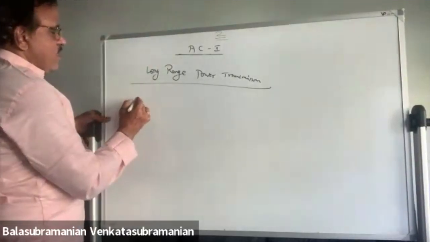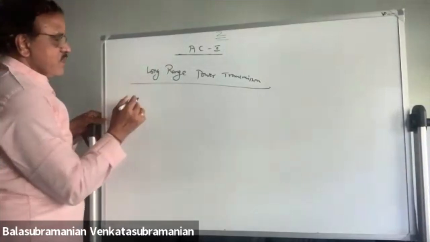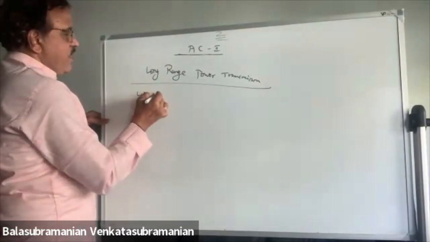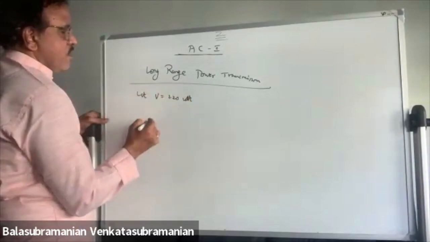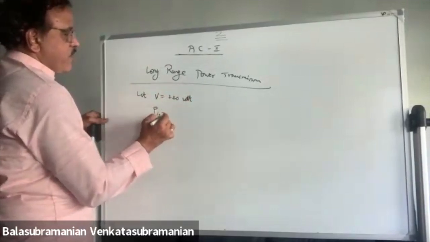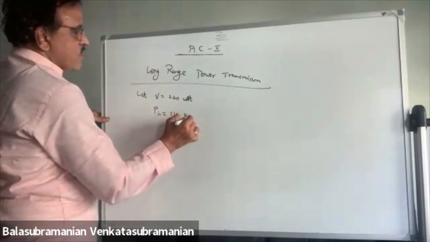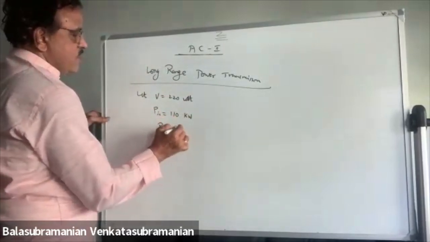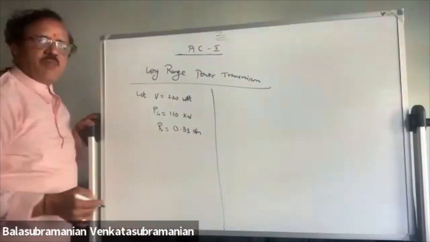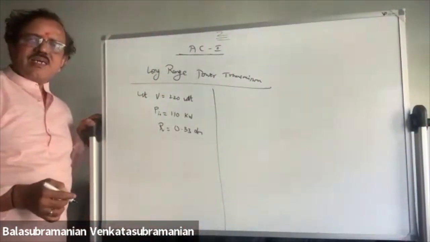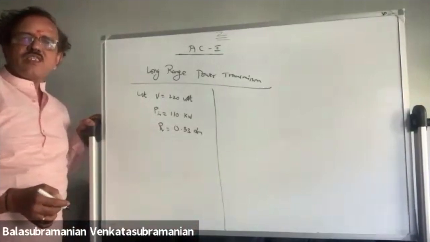So, assume it is almost equivalent to a problem. Let V be 220 volts. Power input is 110 kilowatts. Resistance is 0.33 ohms; through the cable only the current is passing, and that cable resistance is 0.33 ohm.